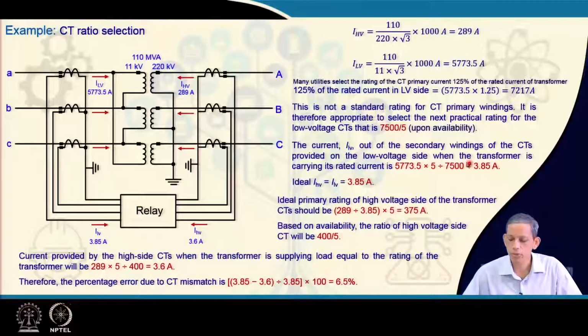So, this is the corresponding CT ratio. That gives us 3.85 ampere at the normal loading condition, when it is feeding rated load. So, this is the CT secondary current on the low voltage side.